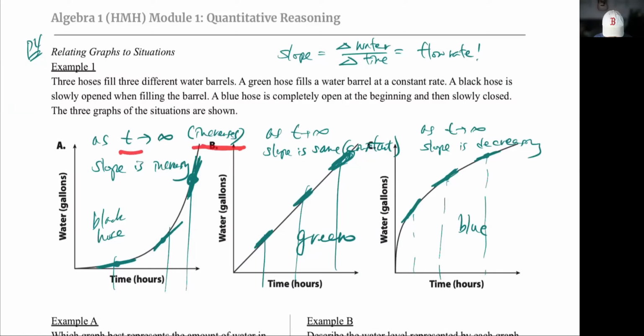As time increases, slope is increasing, and that describes the black hose, because the barrel of the black hose is slowly opening wider and wider. Therefore, the flow rate will increase, right? And this one has to be green, because the green one says it's a constant flow rate. And this one is blue because it's completely open at the beginning and slowly closes, meaning the flow is decreasing, right? So this is the black, green, and blue hose.